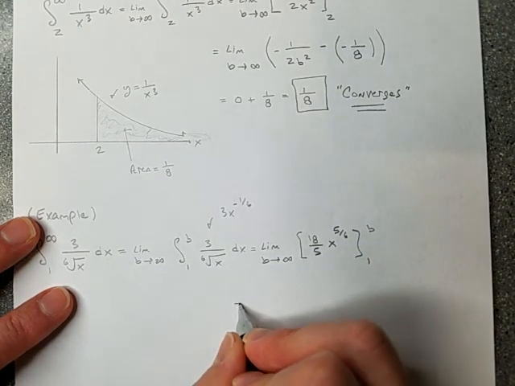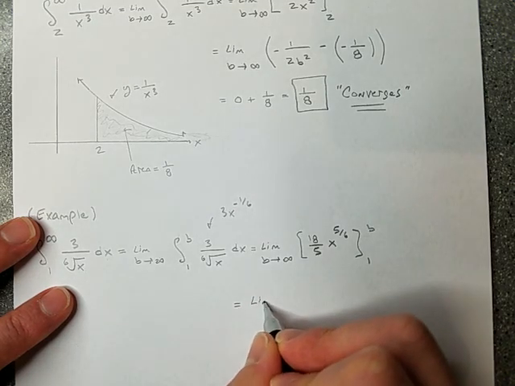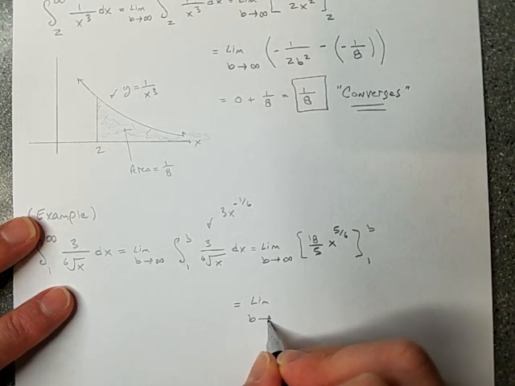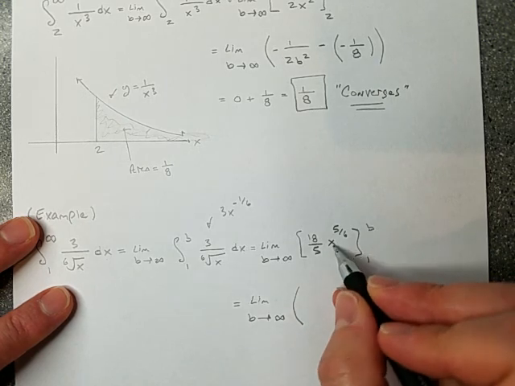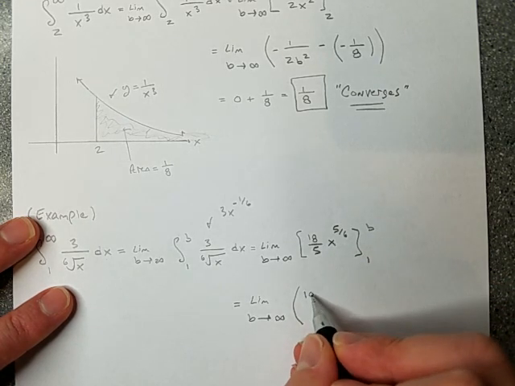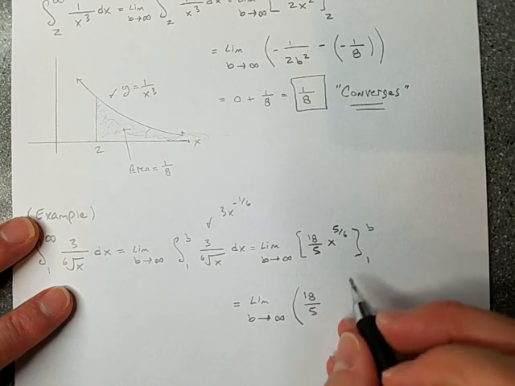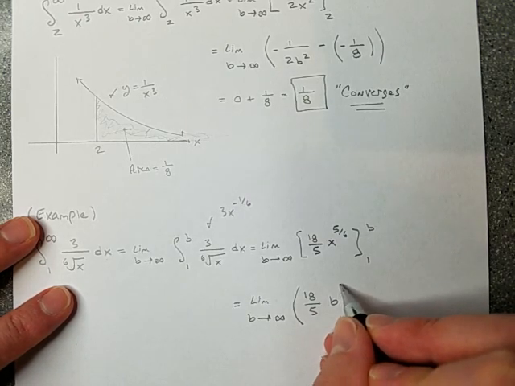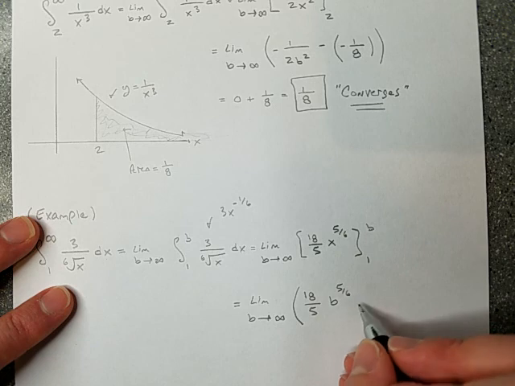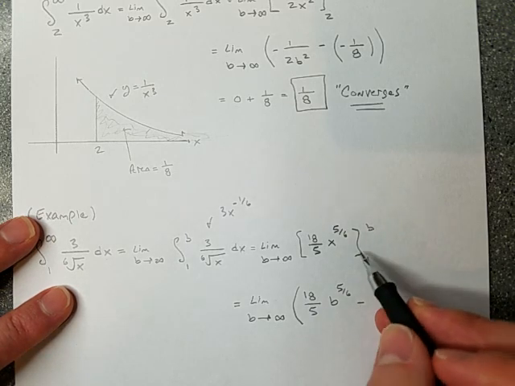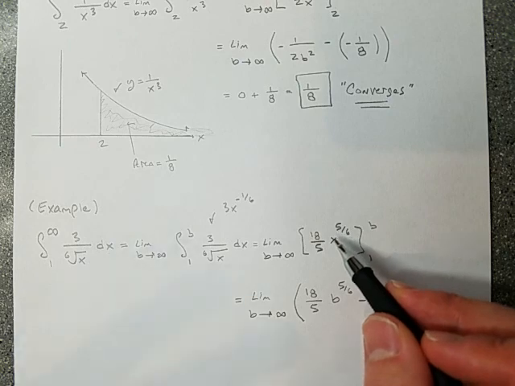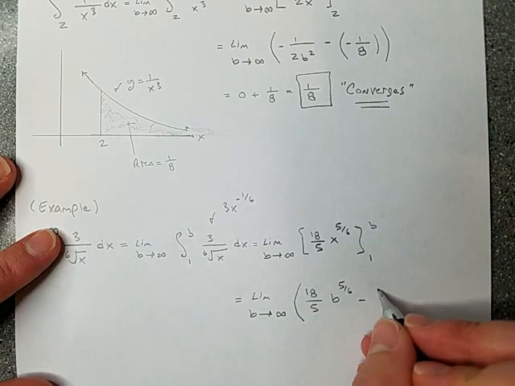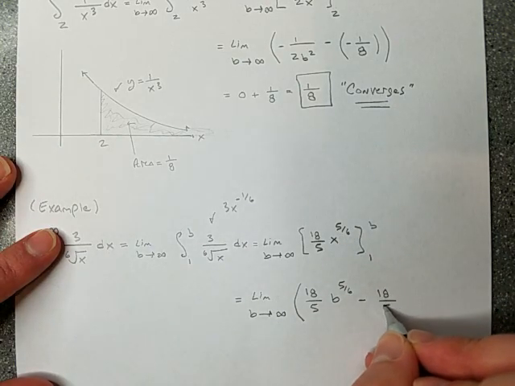So it's going to look like this. Limit as b goes to infinity of 18 over 5 times b to the 5 over 6 power minus 1. All right, 1 to the power 5 over 6 you could calculate to just be 1. So it's going to be minus 18 over 5.